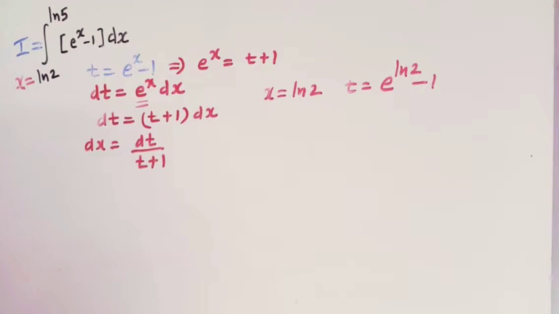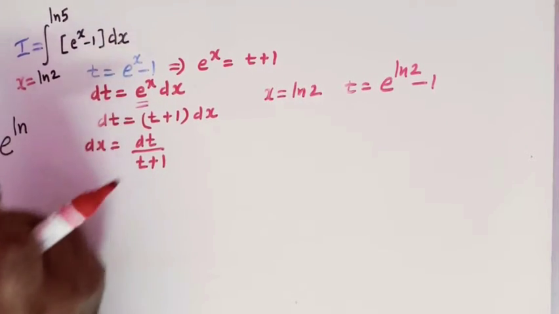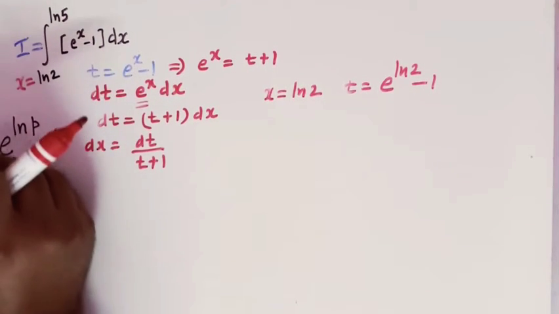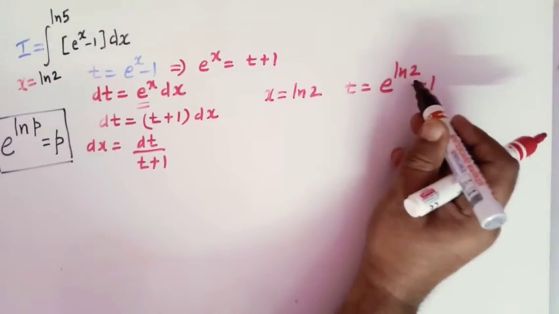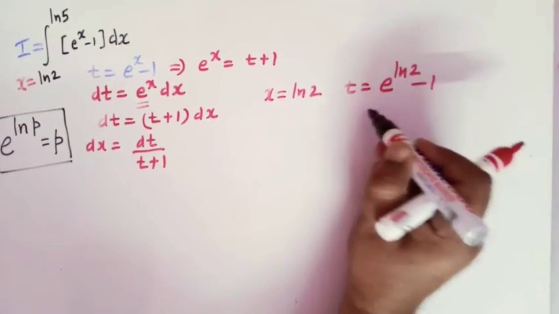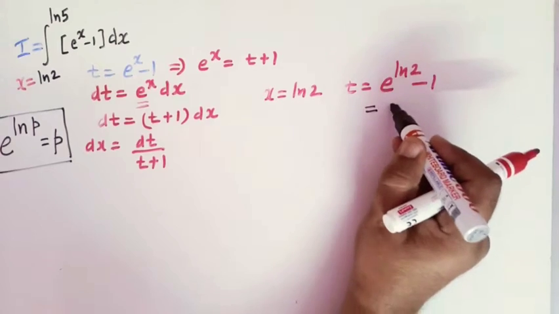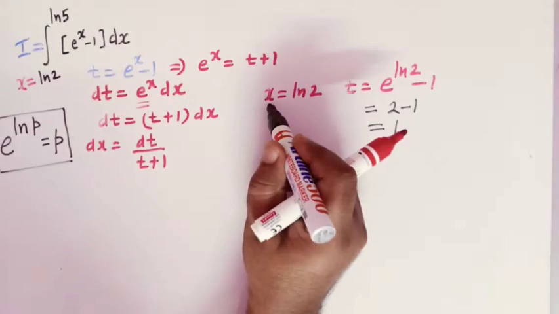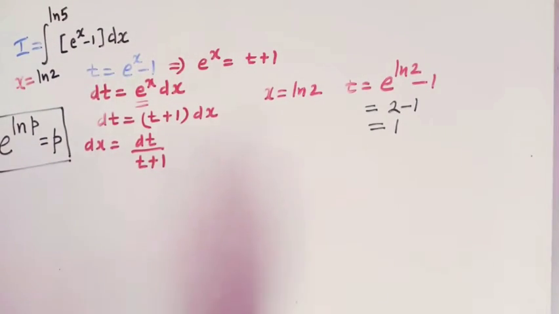Now we know the important relation which says that e raised to ln of say p is equal to p, right? So here we'll make use of this result. So here we have e raised to ln 2 minus 1. So the value of p is 2 here. So here we have 2 minus 1. So this is 1, right? So when x is ln 2, then the value of t is 1, right?